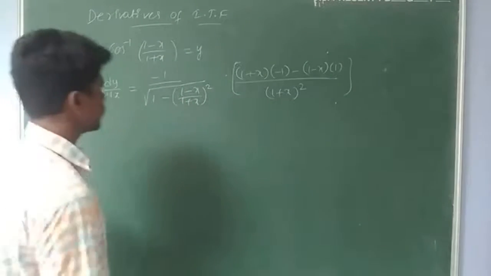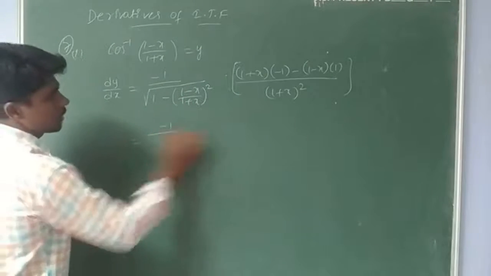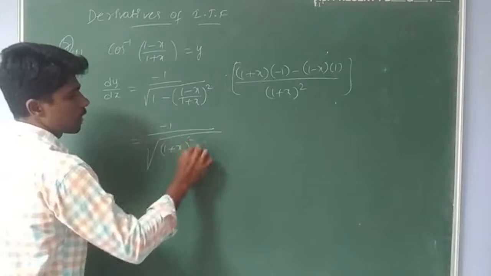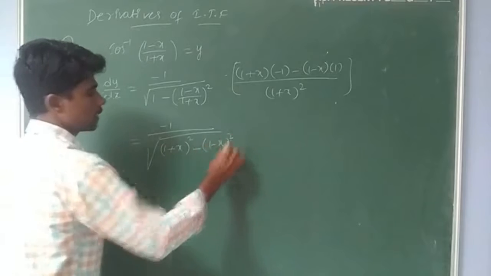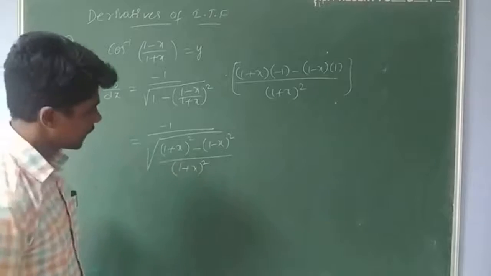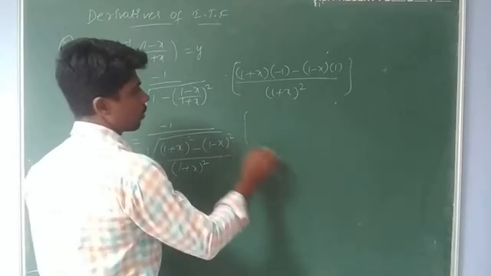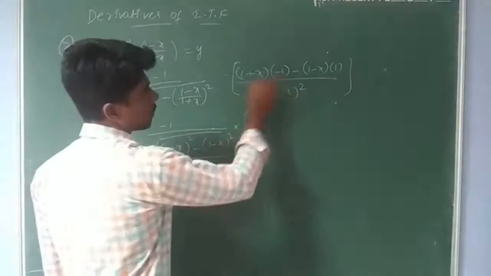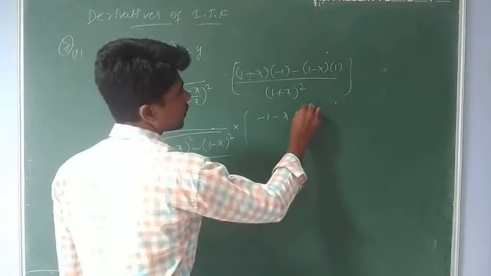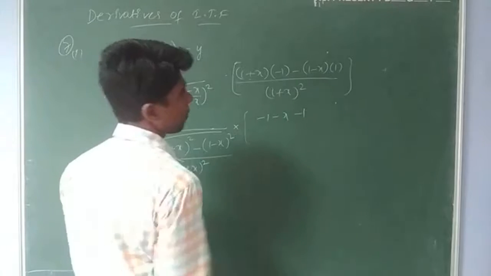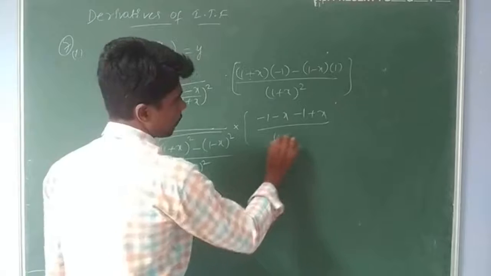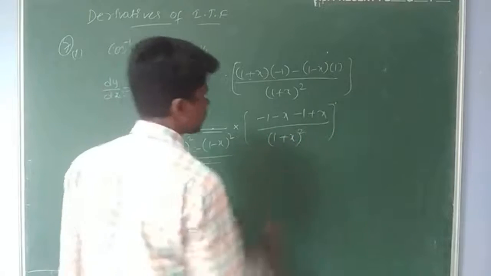Now simplifying this, minus 1 by square root of 1 plus x the whole square minus 1 minus x the whole square divided by 1 plus x the whole square. So 1 plus x into minus 1 minus x, minus 1 into 1, minus into minus x plus x by 1 plus x the whole square.